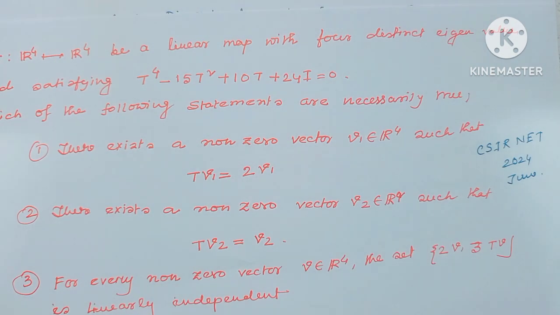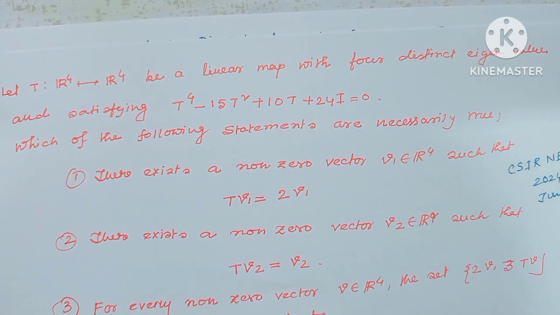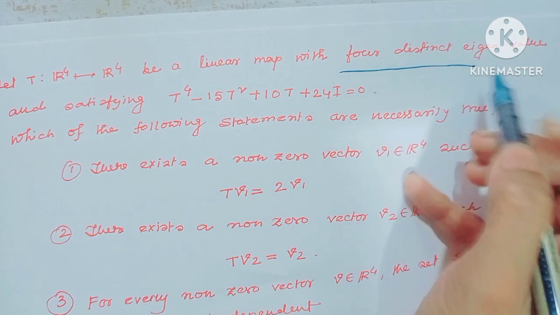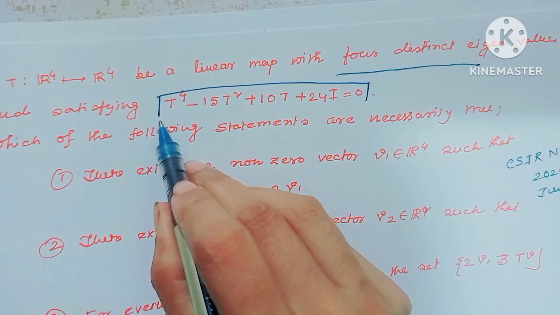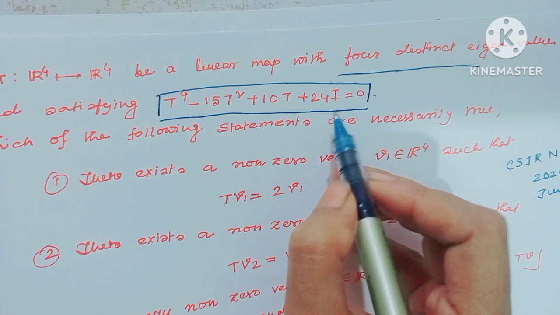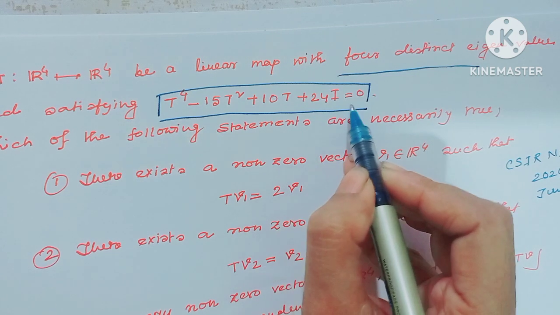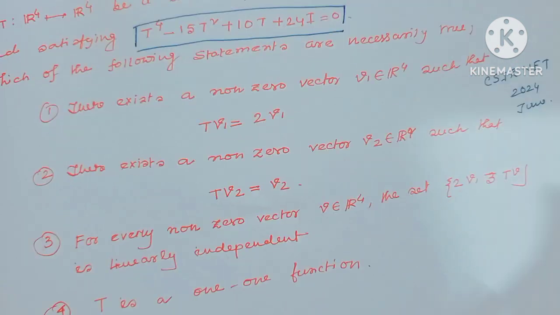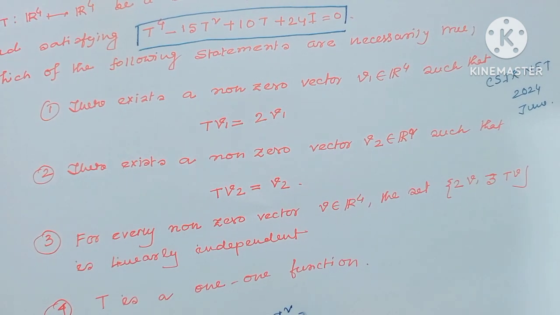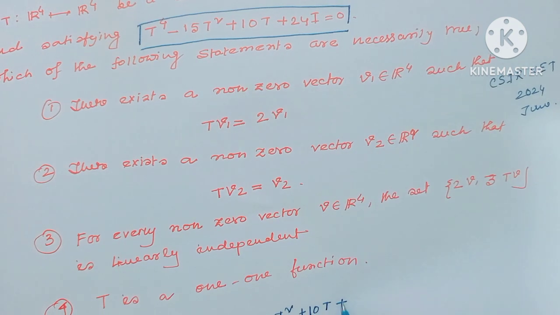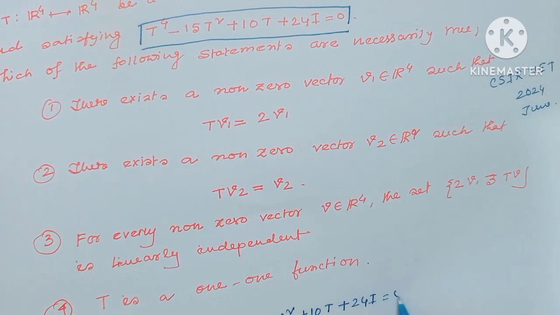Next question, which also came in the CSIR NET 2024 June exam. The question: T is a linear map with 4 distinct eigenvalues, which satisfies this operator equation: T to the power 4 minus 15T square minus 10T plus 24I equals 0.